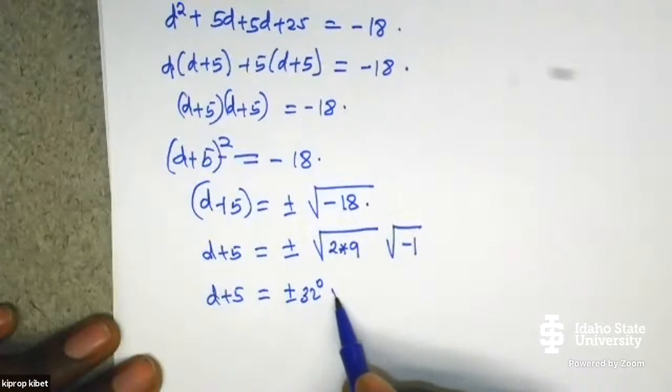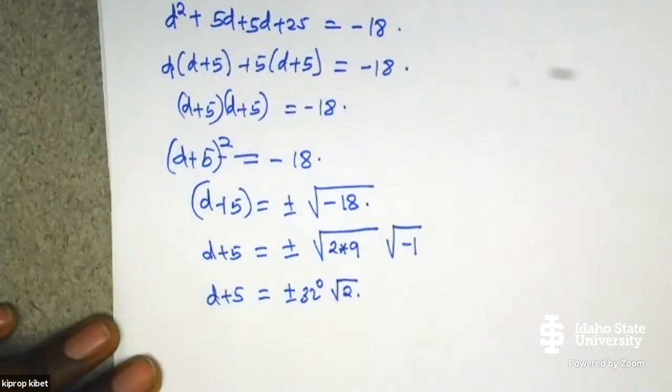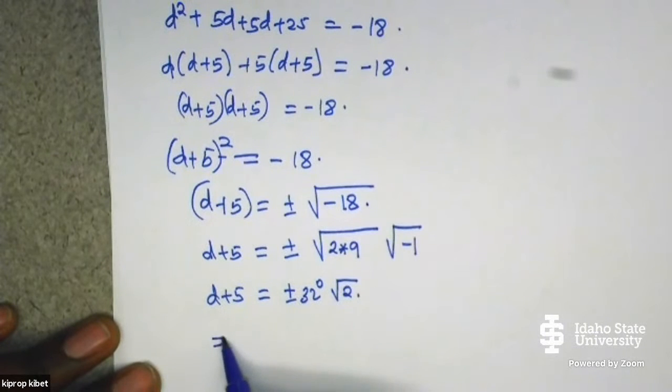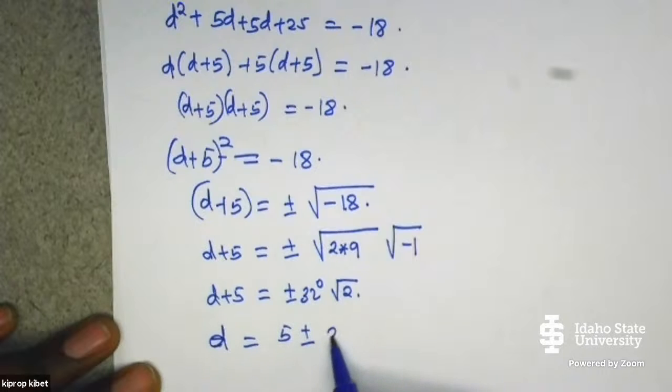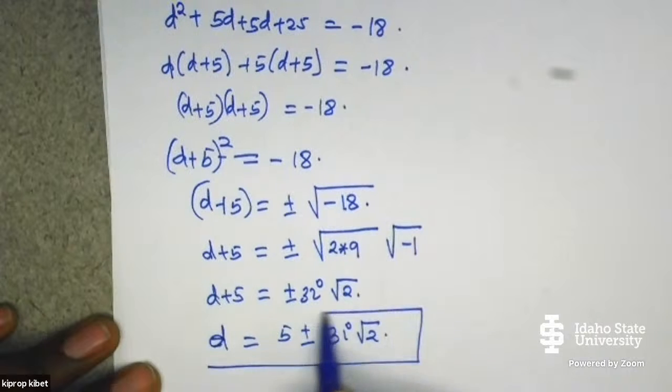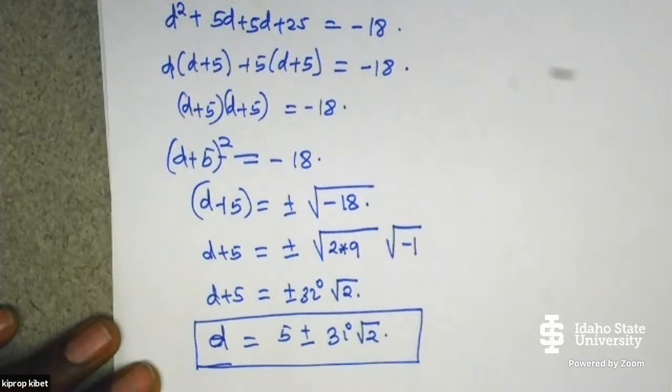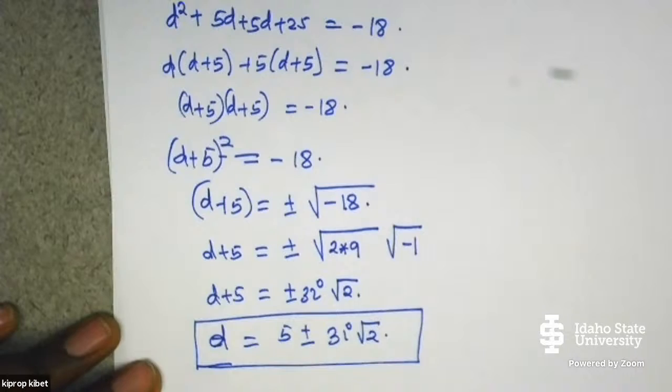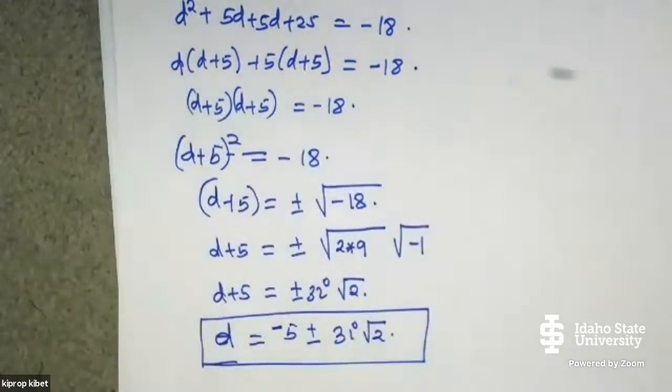So 3i, the square root of 2. And finally, d equals to minus 5 plus or minus 3i, the square root of 2, because you take the plus 5 to the other side and it becomes minus.